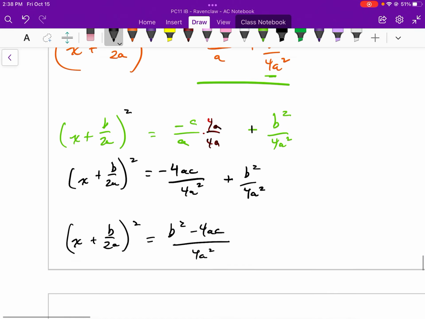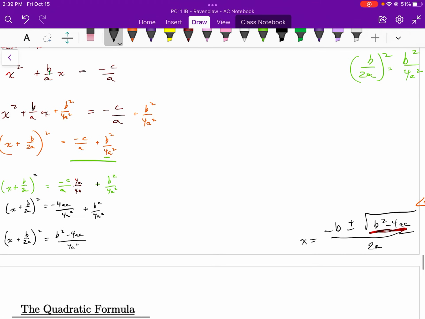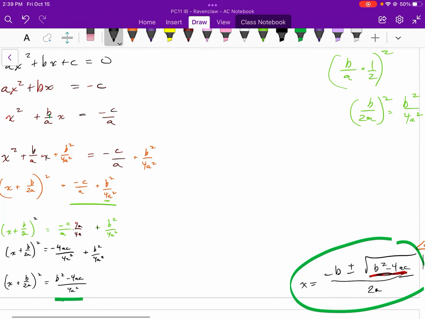Now, this is important. Let's look at the destination that we're shooting for. My final result is going to look like this, hopefully, if I've done things right. And if you take a look on the right-hand side here, my numerator is b squared minus 4ac. This is very promising indeed. So I'm just going to continue on with my work.